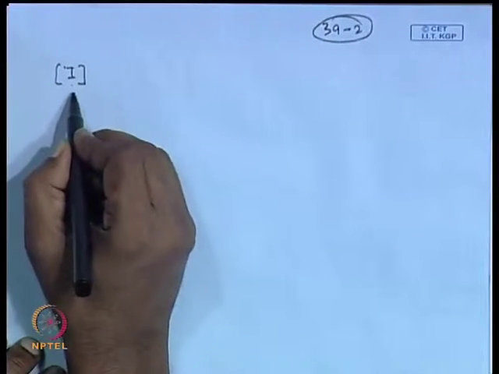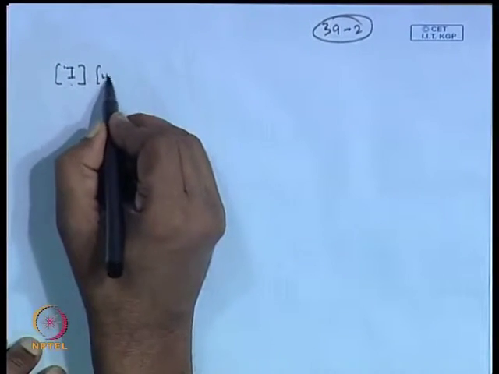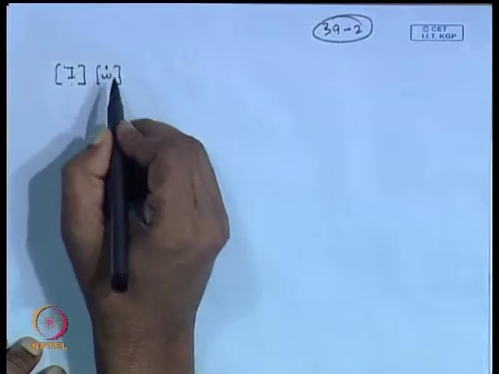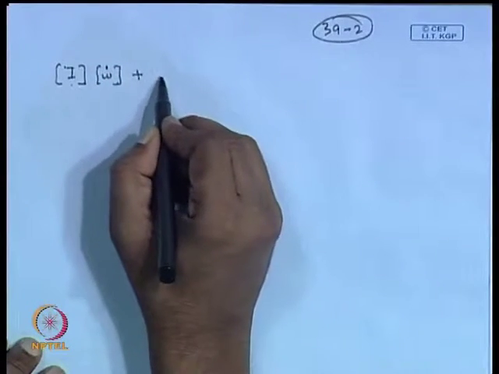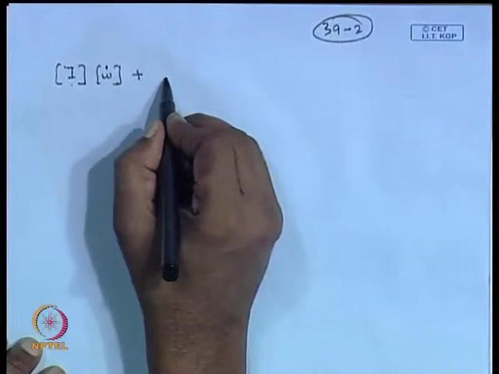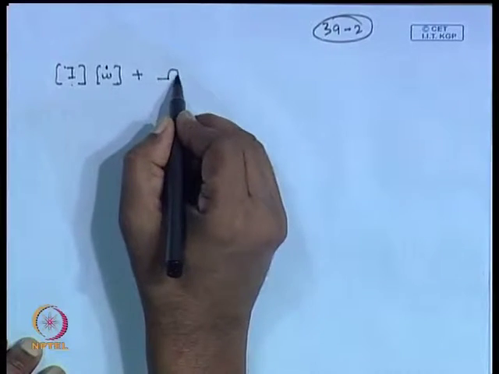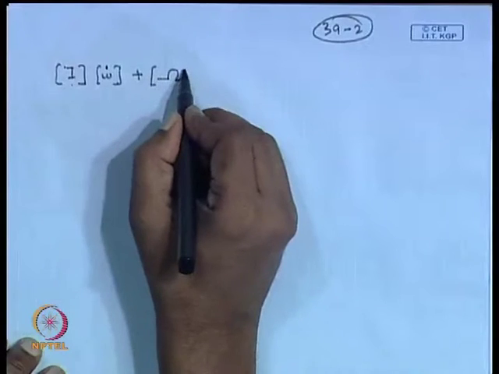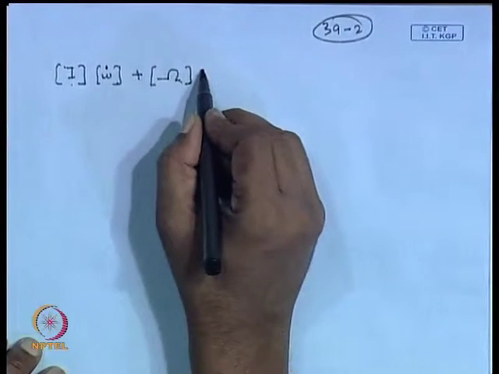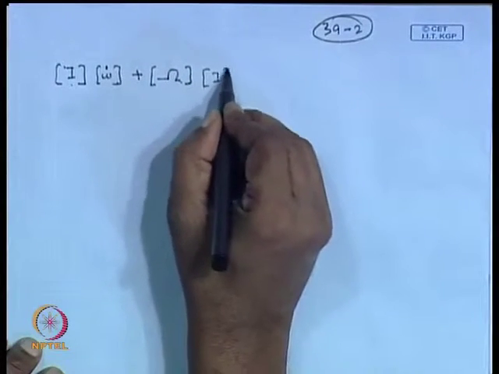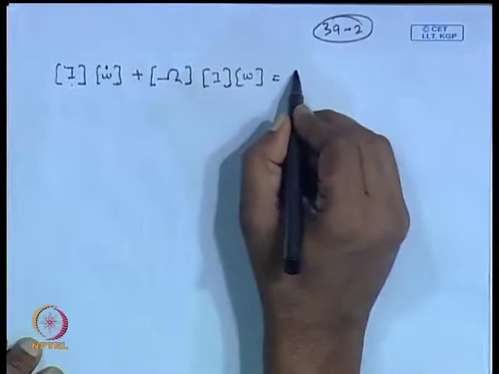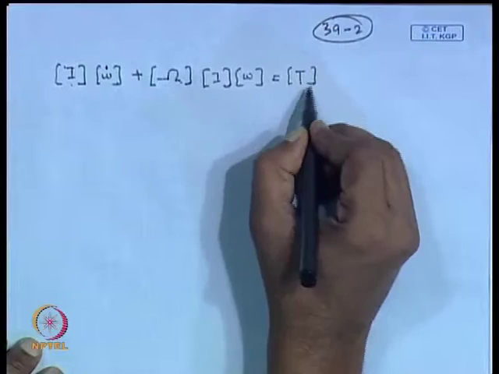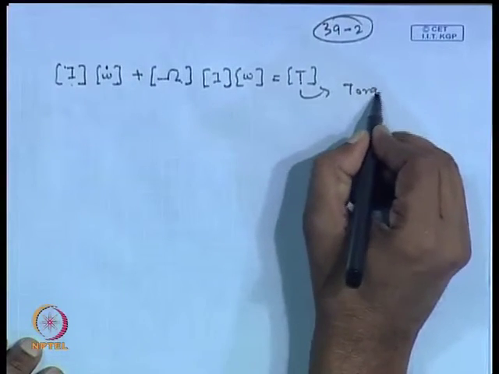This is the inertia matrix, I times omega dot plus a term capital omega, and this we wrote as T. This is the torque applied.